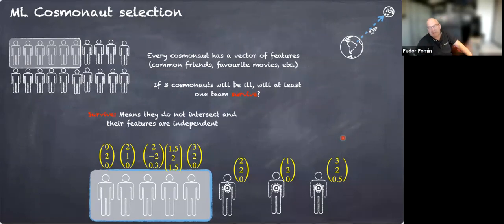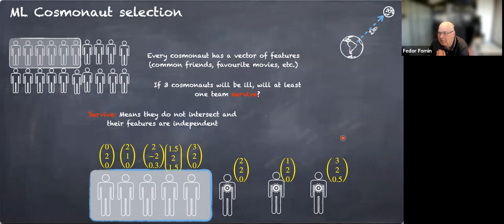Before, I was saying that the team survives if it's not hit by any sick person. Now I want a more general definition, because in the current situation you don't know if a person is already infected or not.